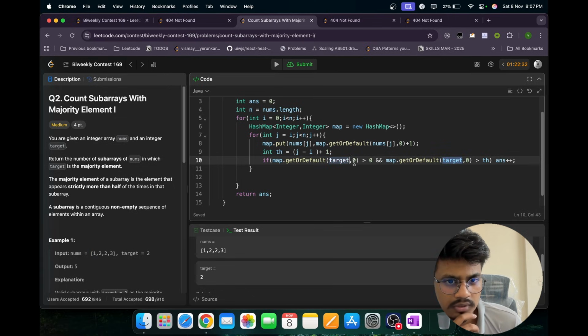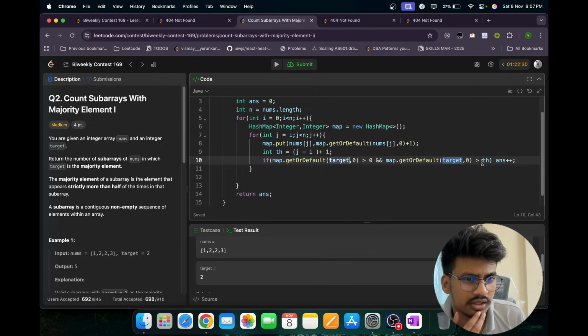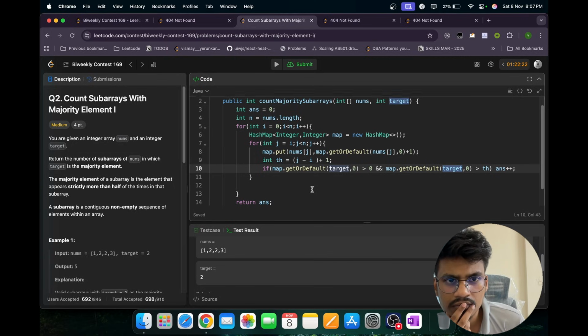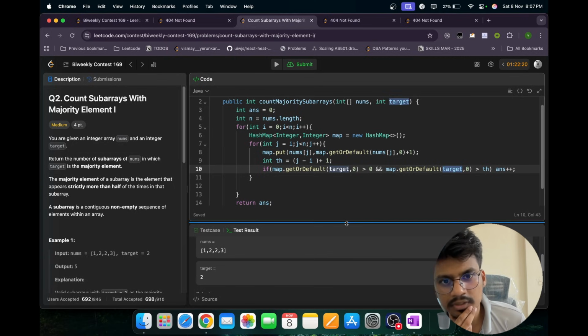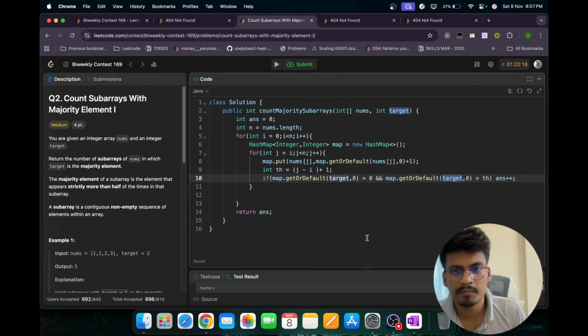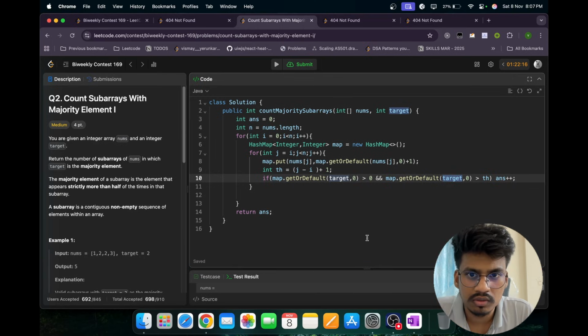If target is present in the array and the target count is greater than the threshold, then I'm doing answer plus plus. Am I missing something? Okay, from i equal to 0 to n, i plus plus, is from 0 to n i plus plus.